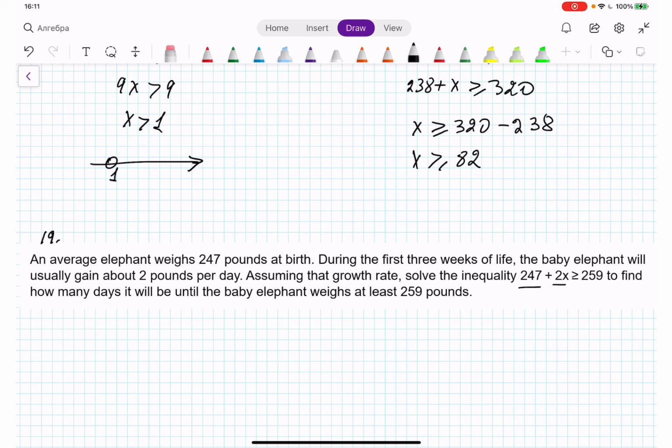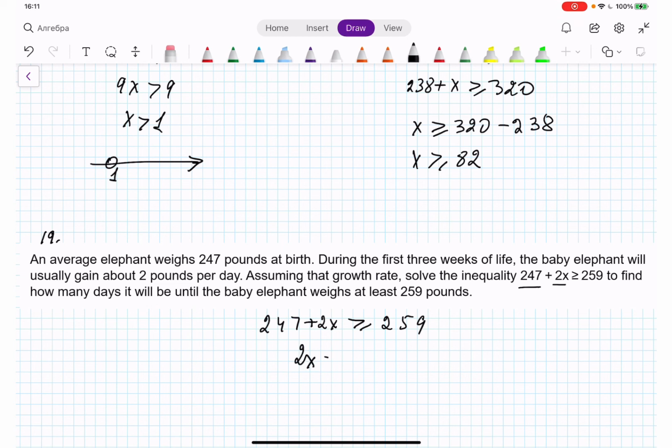And that means baby elephant is going to grow until it weighs at least 259. That's why at least meaning greater equal. So let's solve it. 247 plus 2x greater equal 259.